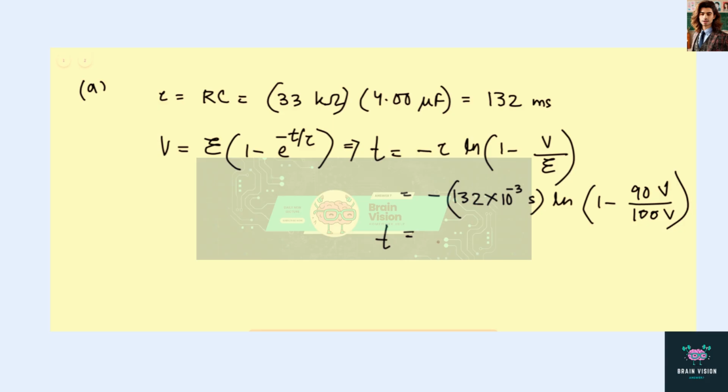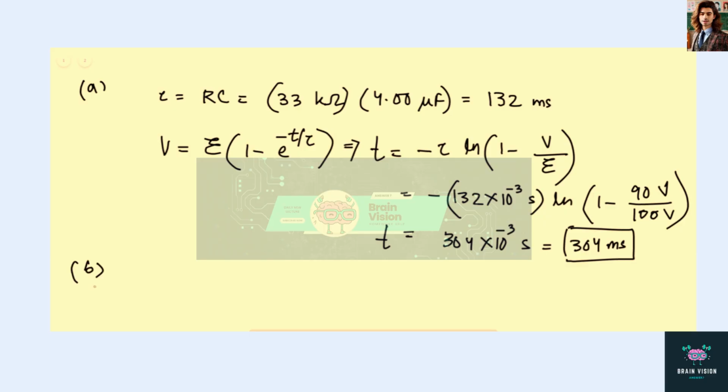And we get the time to be 304 milliseconds. So this is the time needed in order for the voltage to reach 90 volt.